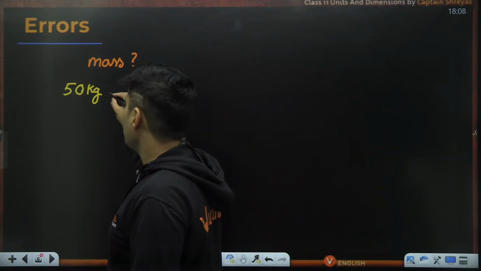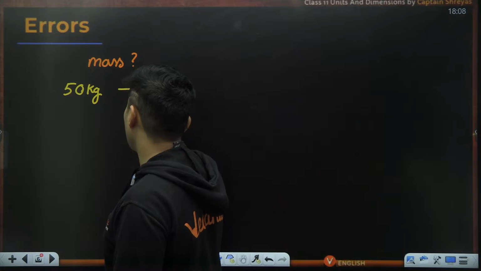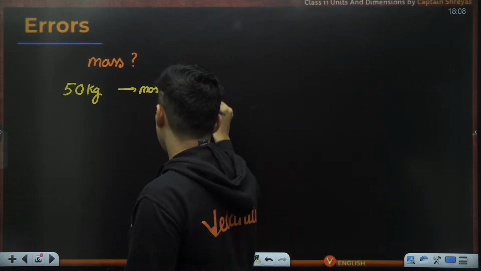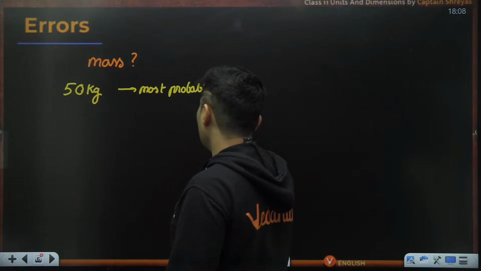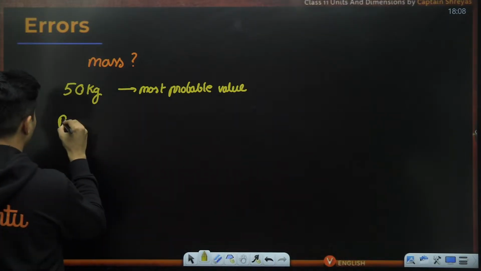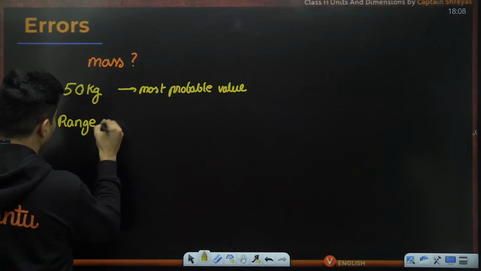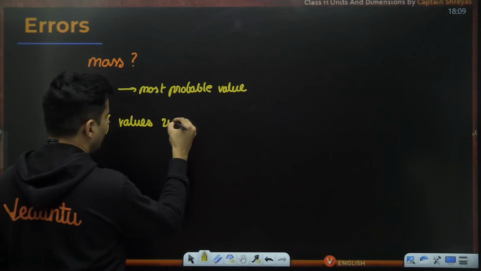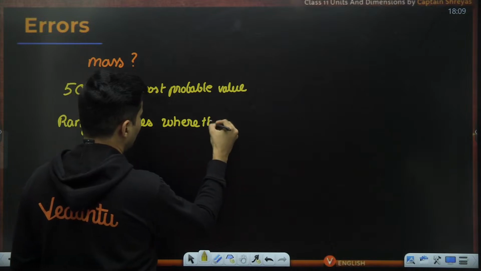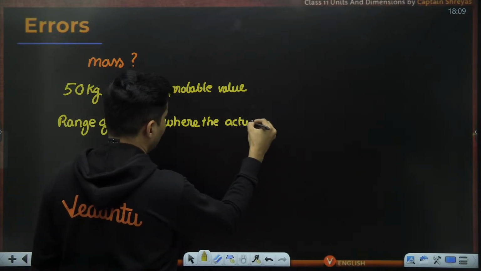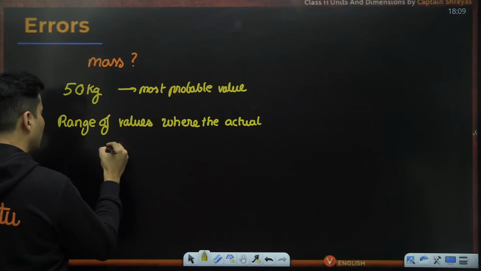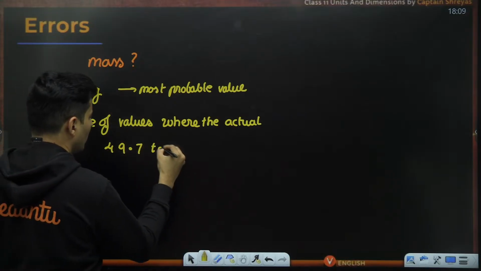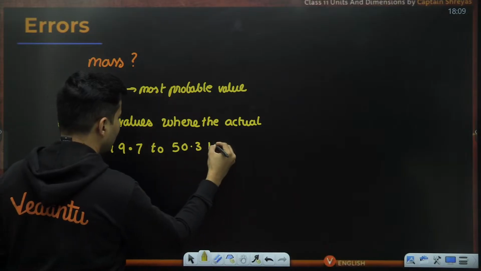So 50 kg is probably the most probable value, but there will definitely be a range of values where the actual mass may be, and maybe it is somewhere between 49.7 to 50.3 kg.